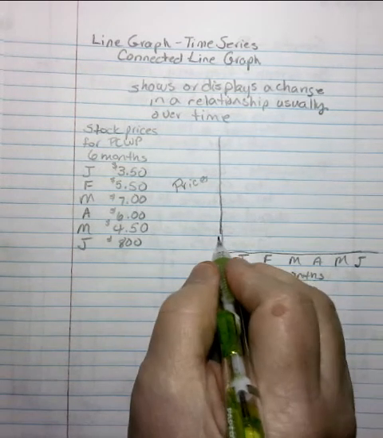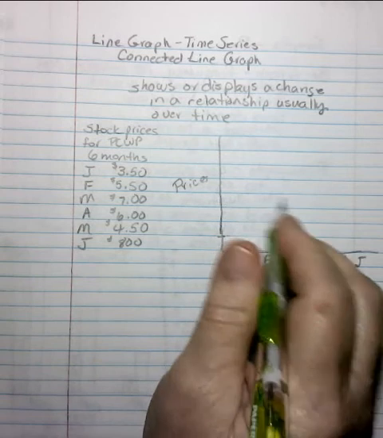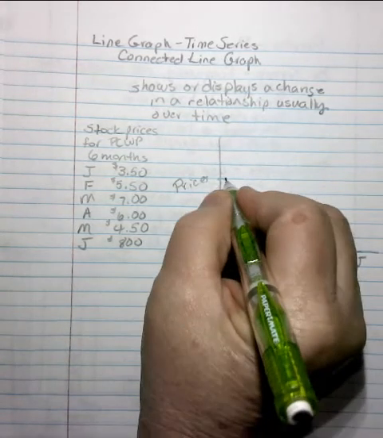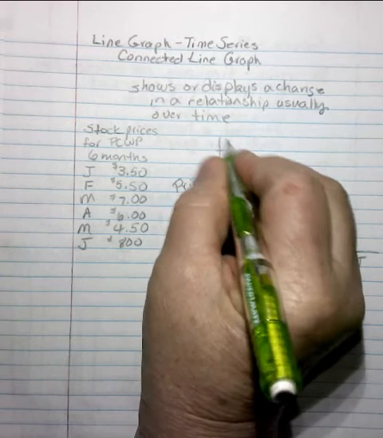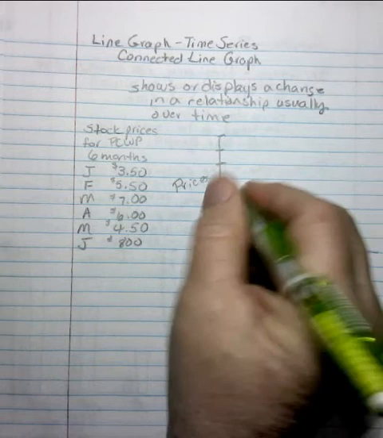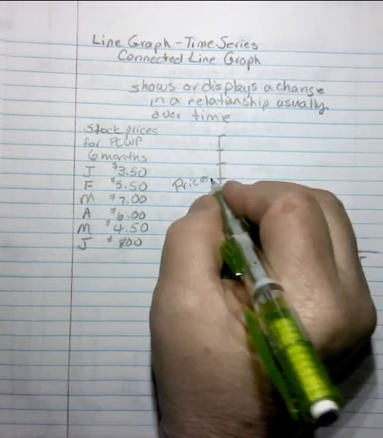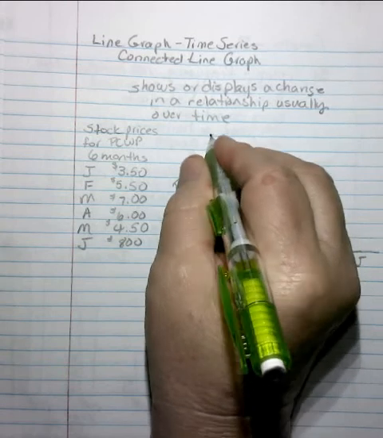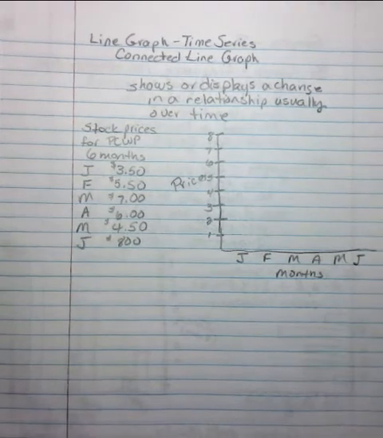For our price, we're going by dollars. Again, you should be labeling your units. Always go by equal units. That is an important feature of any graph.